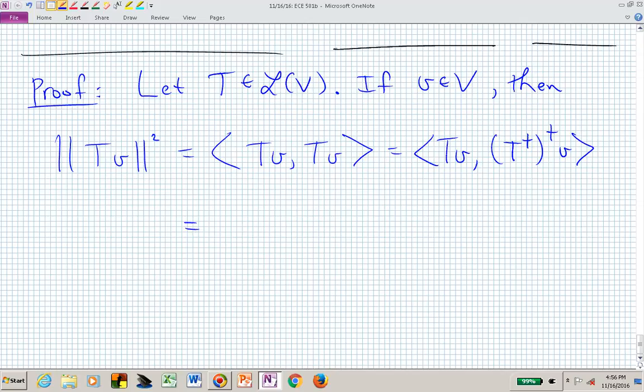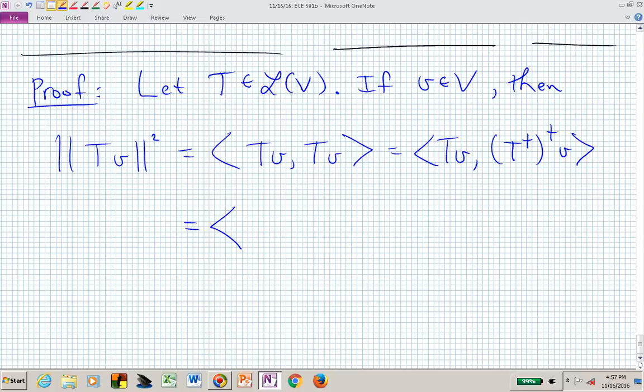But now, what if I want to slide that operator in the second slot into the first slot? What do I need to do? The easier way to view this is if I was starting with the correct inner product on the left, what would I have had to have started with in order to end up with what I have in that last equation?